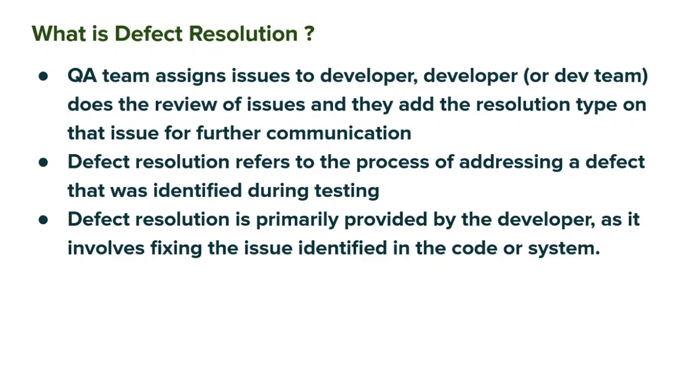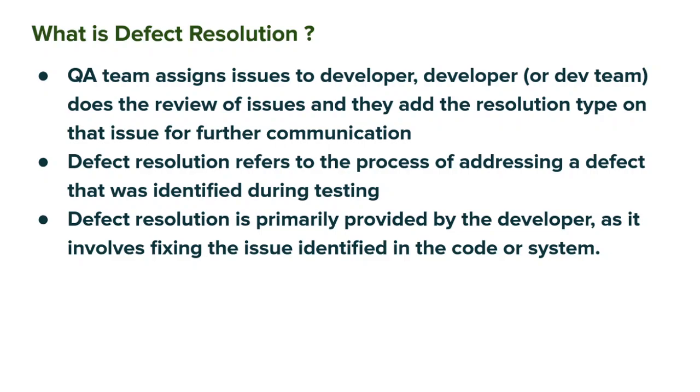Whenever the QA team logs an issue, they assign it to a developer, and in some organizations the development manager will go through the issue along with the developers. They will review the issue, understand it, and add some resolution type to it. So resolution is mainly given by developers.